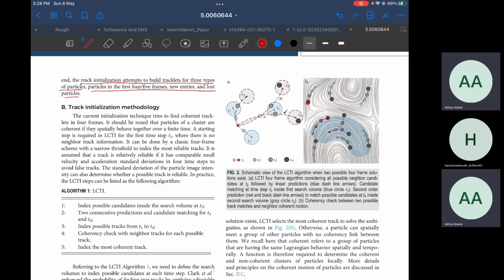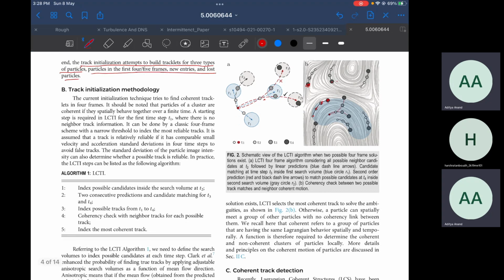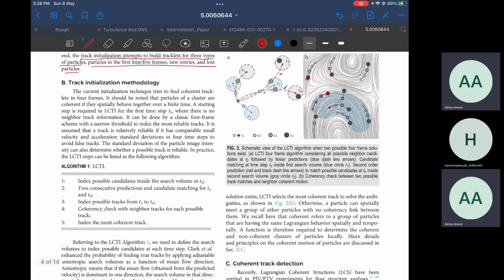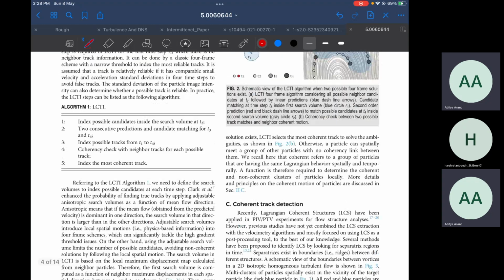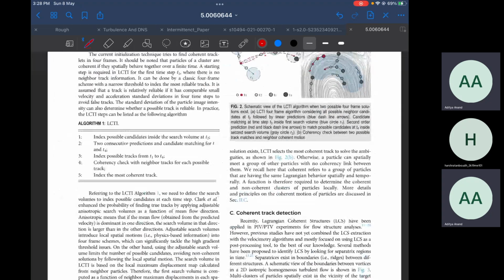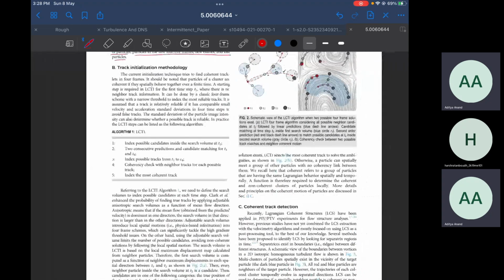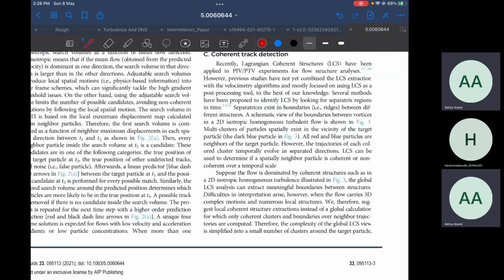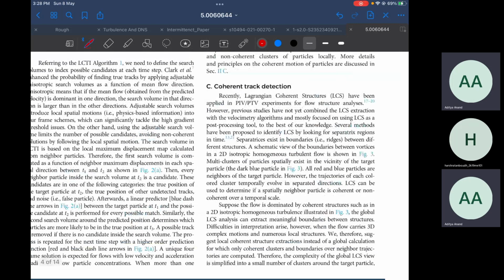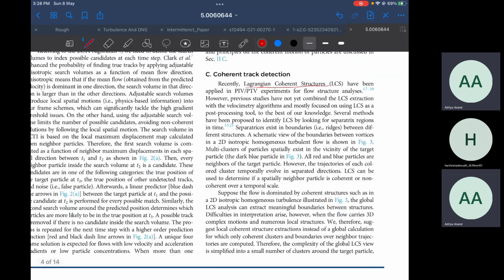structure or not. So what it does is identify a Lagrangian coherent structure, to be precise, and then it uses the track initiation pattern. They detect the Lagrangian coherent structures using the finite time Lyapunov exponent.